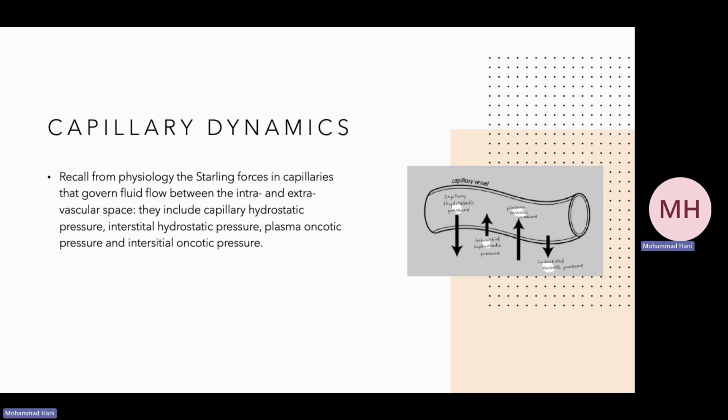And then you also have the interstitial hydrostatic pressure, which pushes against this capillary pressure, trying to force the fluid into the capillary. And these are the two main hydrostatic pressures. Apart from that, we also have the plasma oncotic and the interstitial oncotic pressure. The plasma oncotic pressure is mainly by the protein albumin.